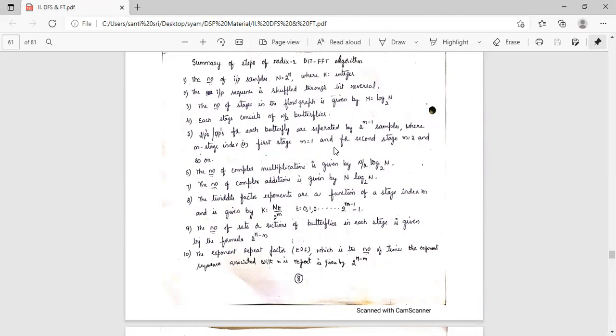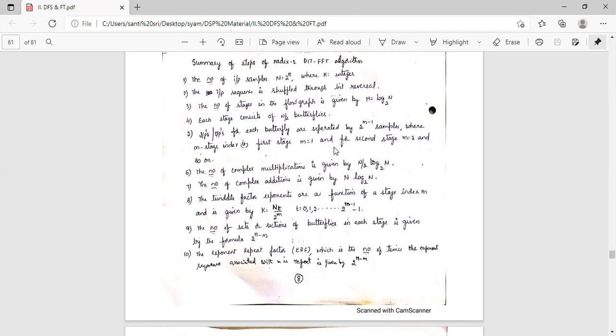The number of complex multiplications is given by n by 2 log n to the base 2. The number of complex additions is given by n log n to the base 2. The twiddle factor components are a function of the stage index m and are given by k equal to nt by 2 power m, where t equal to 0, 1 up to 2 power m minus 1. The number of sets or sections of butterflies in each stage is given by the formula 2 power m minus m.